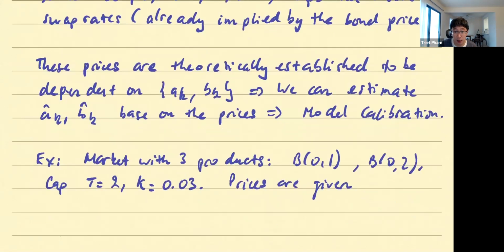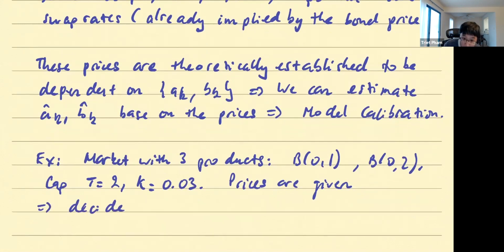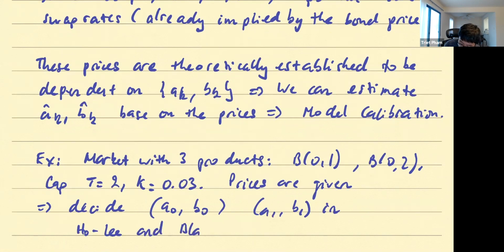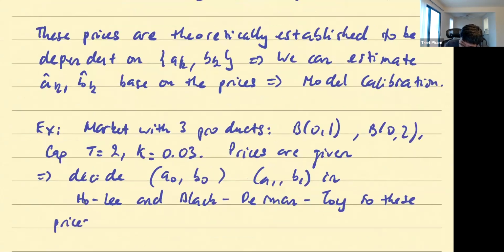And then you're asked to decide A0, B0, and A1, B1 in the Hull-White model, so that these prices are matched perfectly.